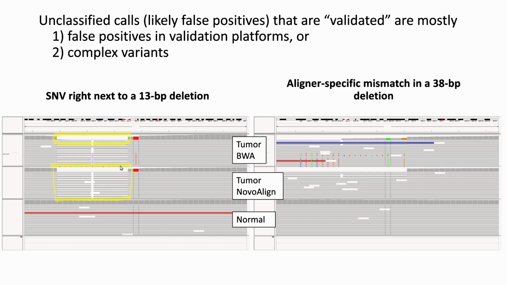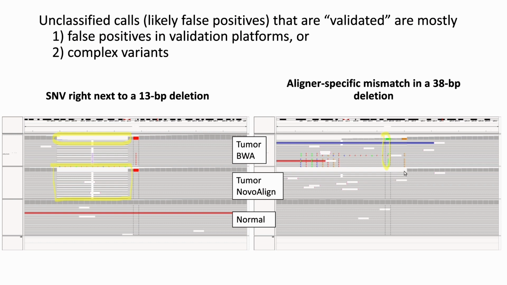Our reference call set may not have a comprehensive list of complex variants, though it includes many bi- and trinucleotide variants. The variant call on the right is almost certainly a false positive, even though it was quote-unquote validated in a validation platform. The variant alignment only existed in the BWA alignment and not in the novel alignment.